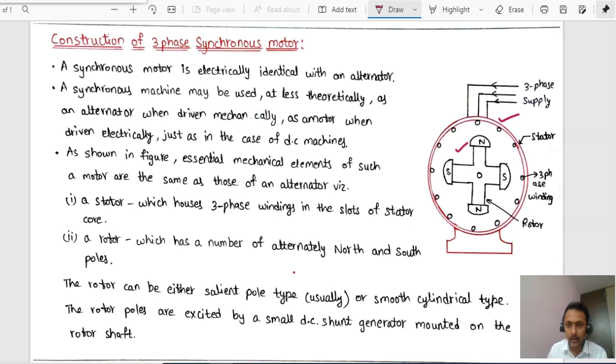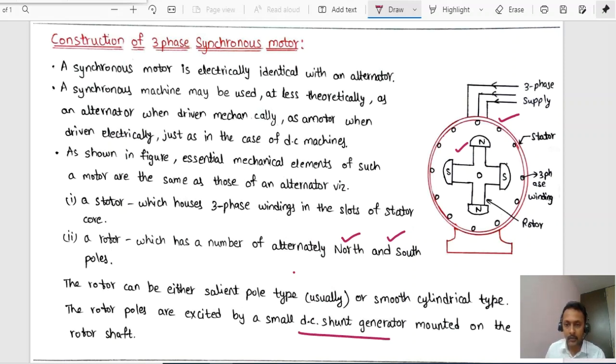Similarly, the rotor will have a number of alternating north and south poles, and the field winding will be placed in the rotor slots. Obviously, the winding placed in these rotor slots will be excited with the help of some small DC shunt generator.